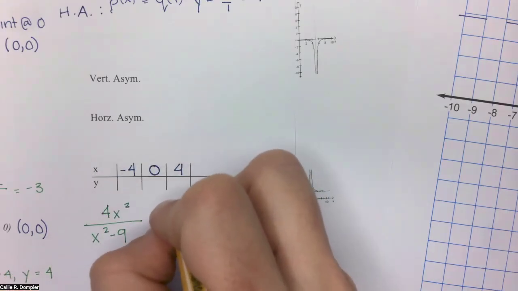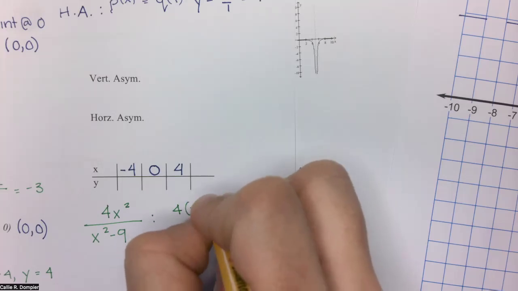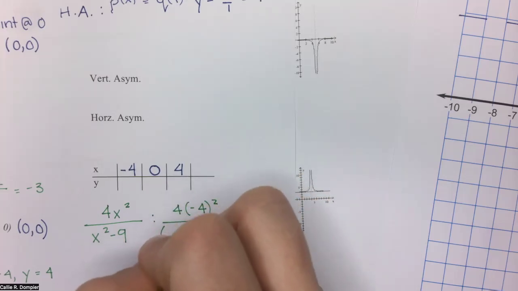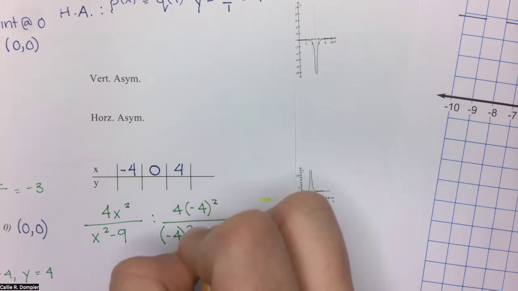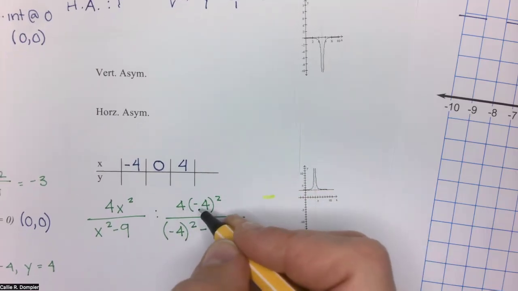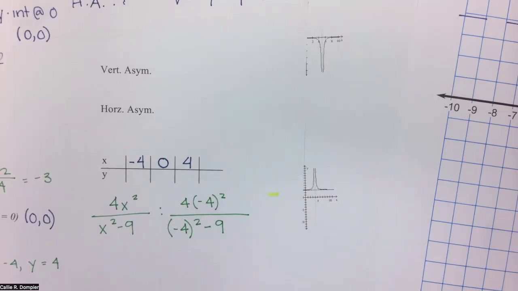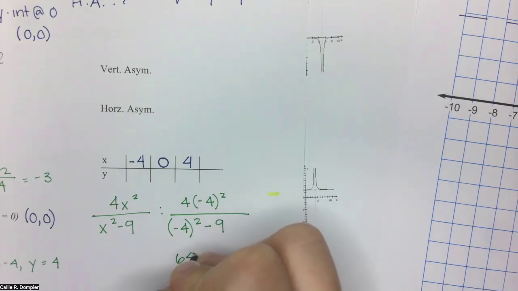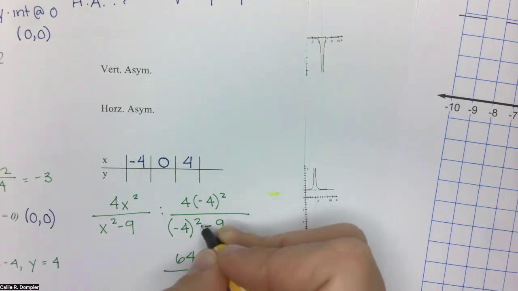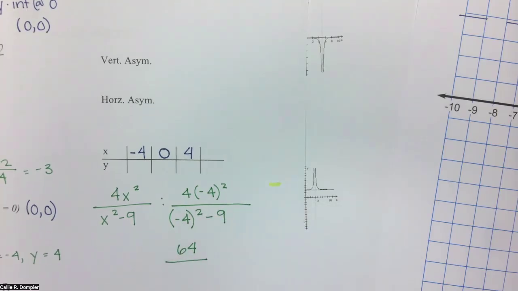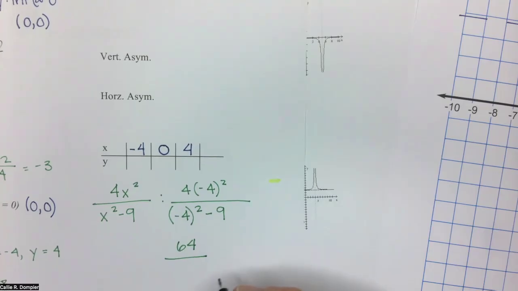So that becomes 4 times -4 squared over -4 squared minus 9. -4 squared is 16. 16 times 4, 64. And then here we have 16 minus 9 would be 7.